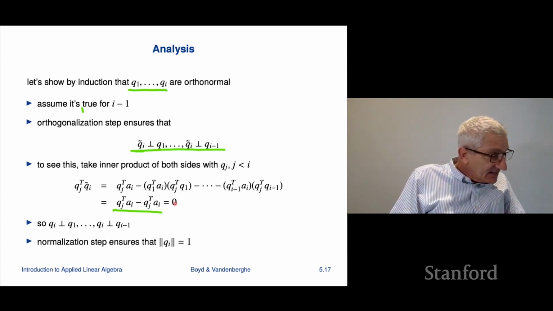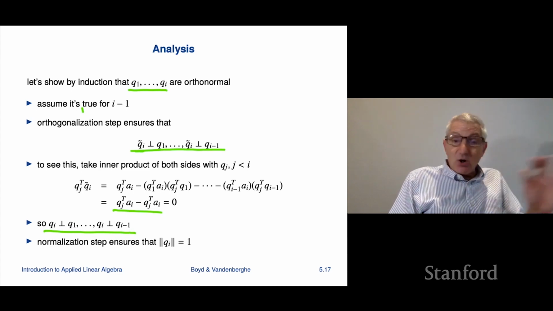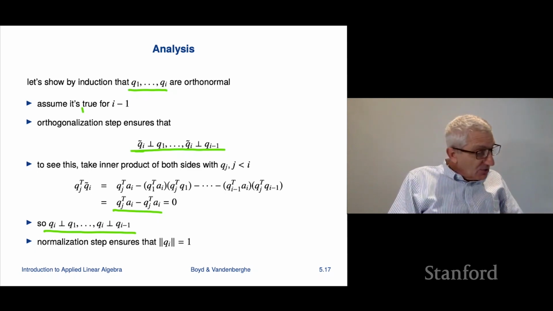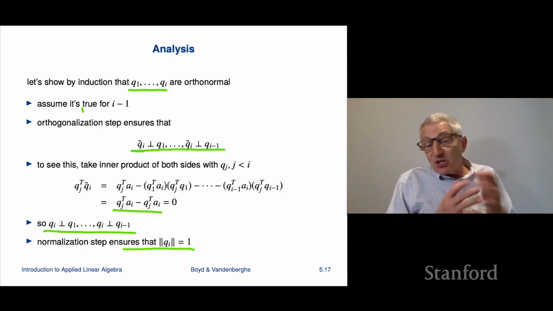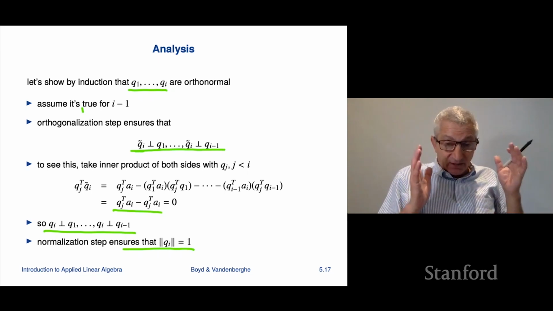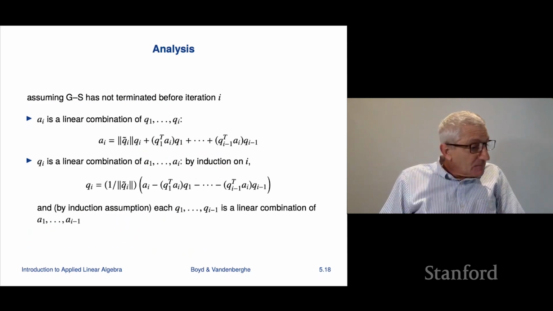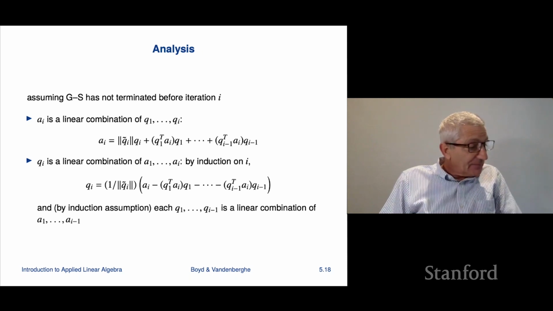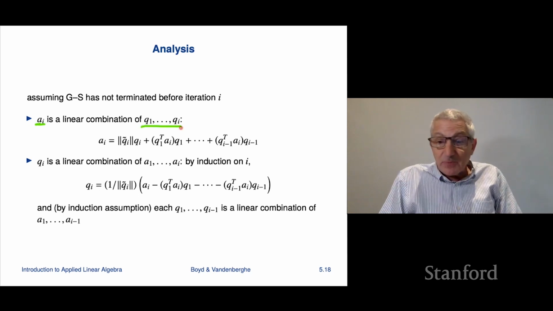That says Qi tilde is orthogonal to all the previous ones, and if I scale it by a number to make its norm 1, it's still orthogonal. And of course, the normalization step guarantees that the norm is 1. So the Qis that come out of the Gram-Schmidt algorithm are orthonormal. Now, if the algorithm has not terminated before iteration i, then it turns out Ai is a linear combination of Q1 through Qi.